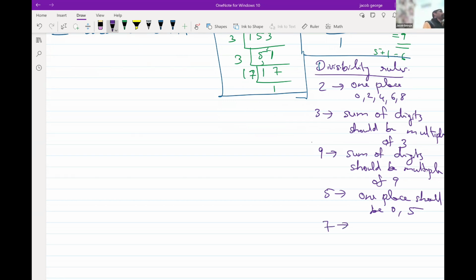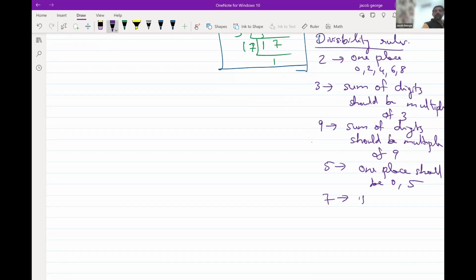7, how to check 7? We take the double of the ones place digit.